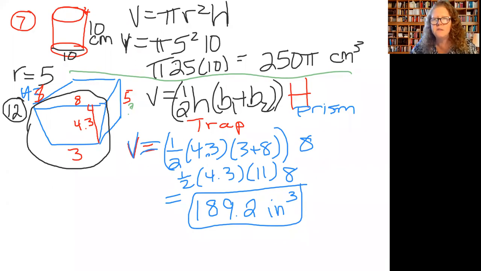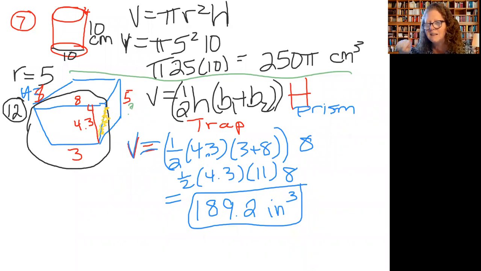It's very tempting to use the 5. Okay, but it's not needed. This 5 is actually this slanted edge right here. That 5 is actually that right there.